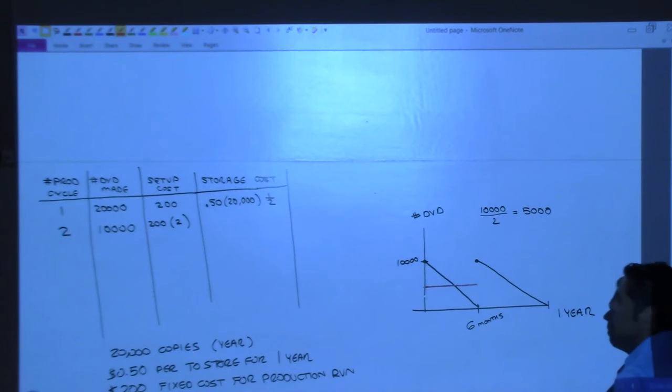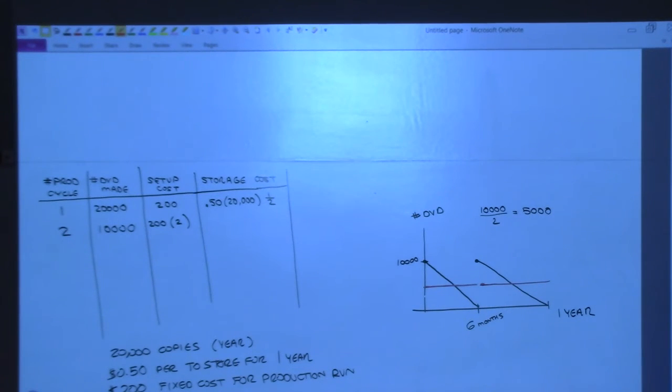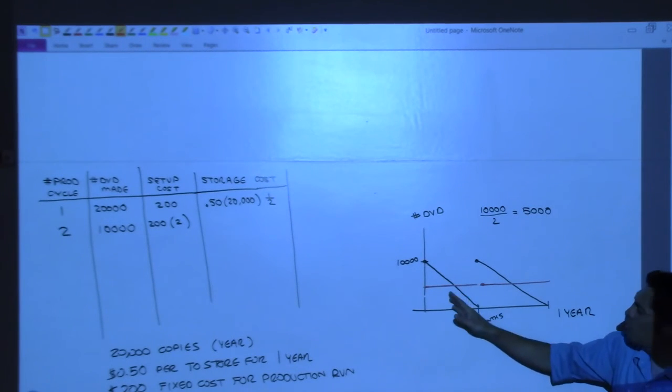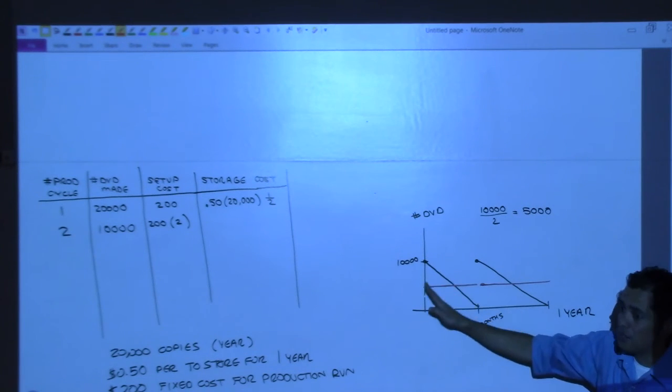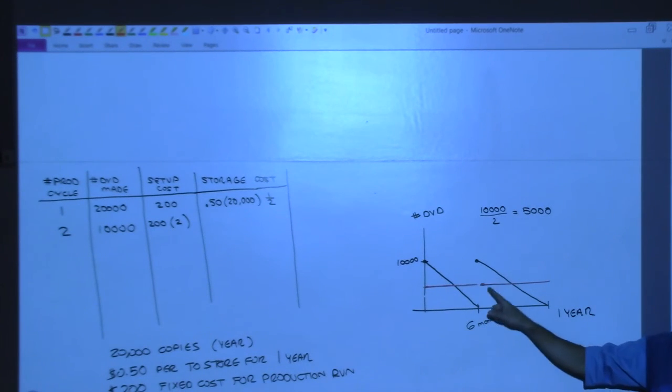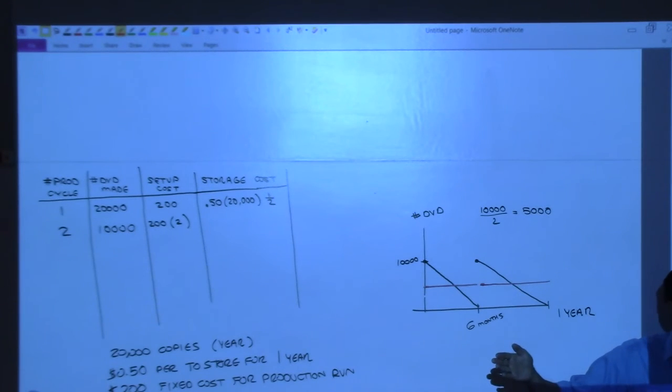But then you do it again, don't you? So really, you're doing 10,000 for 6 months, so you take the average, that's really like 5,000 for 6 months. And then you do it again, another 5,000 for 6 months. So that's really like 5,000 for the year, isn't it? Following?